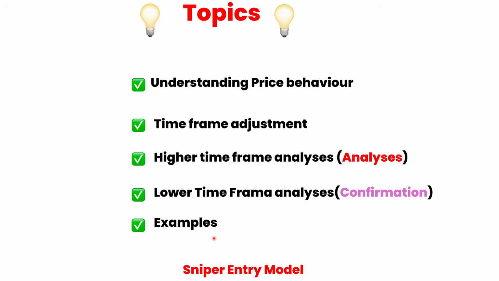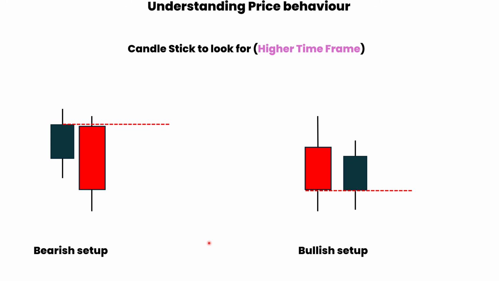This trading strategy will teach you to make, most of the time, sniper entries, only if you take the retracement entries, but I'll show you some different types of sniper entries. So the only thing that you need to understand is this behavior in the market.